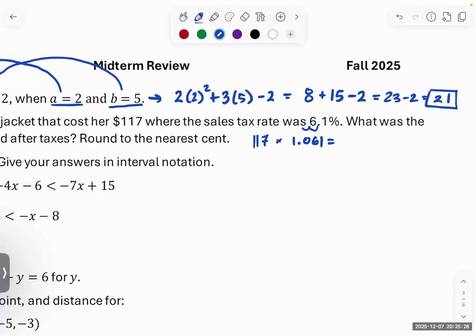So 117 times 1.061 is 124.137, but this is talking about money. So money-wise, this is $124, and you need to round to the hundredths place. Coins are only to the hundredths place, so $124.14.